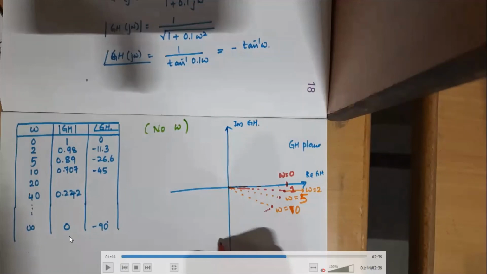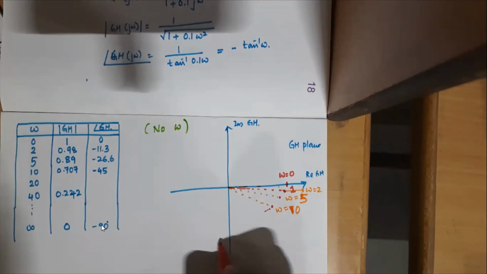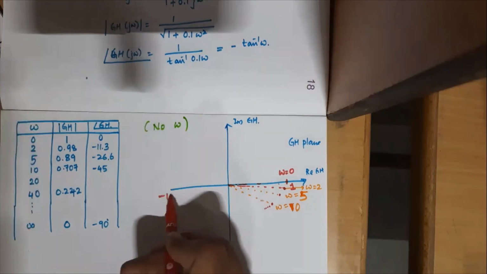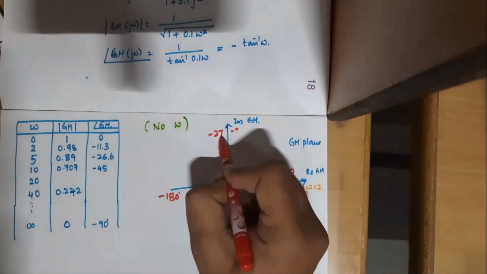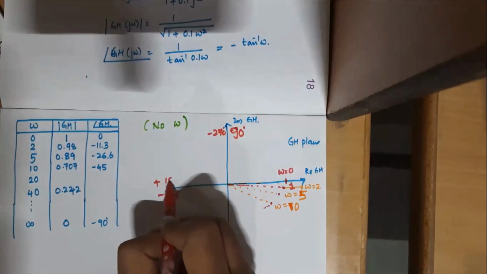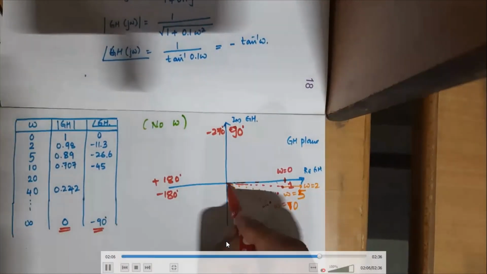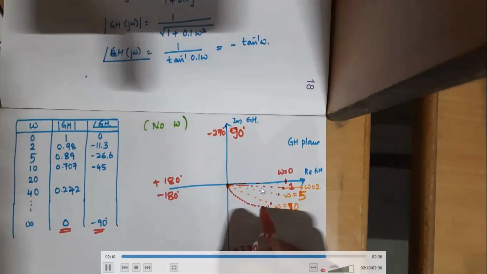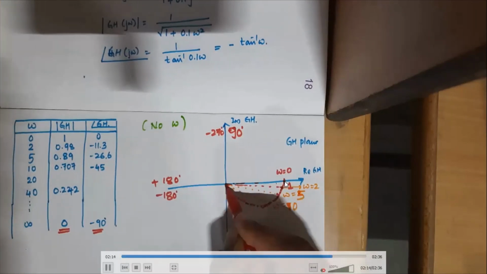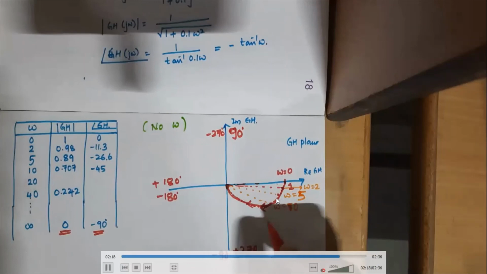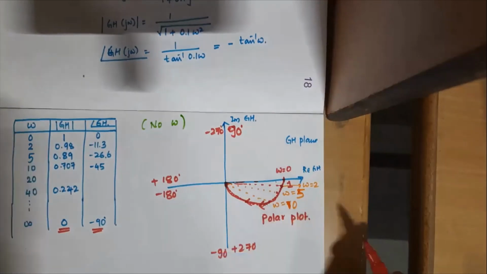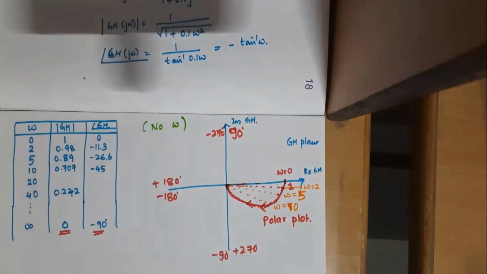Magnitude 0 point is nothing but the origin, along the minus 90 degree line. Where can we look at the minus 90 degree line? This is minus 90, this is minus 180, this is minus 270. Or this is plus 90, plus 180, plus 270, all are correct. So the minus 90 degree line is this one, which tells us that this plot starts from the positive real axis and ends at the minus 90 degree axis with zero magnitude. So this is called a polar plot.